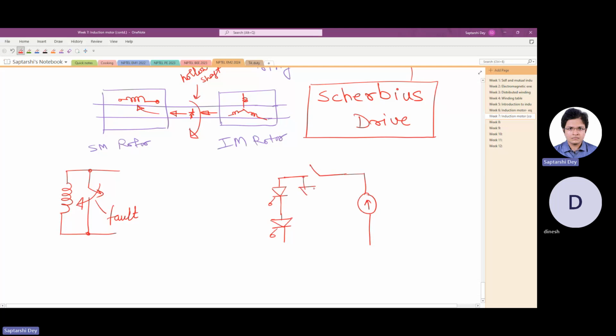If you want to feed that current source's energy back to the grid, the only option you have is this.